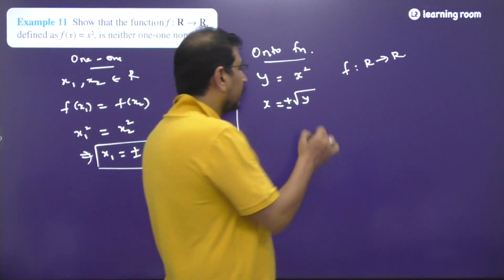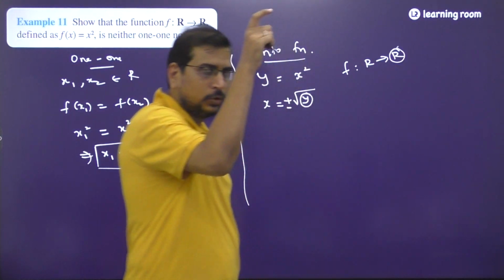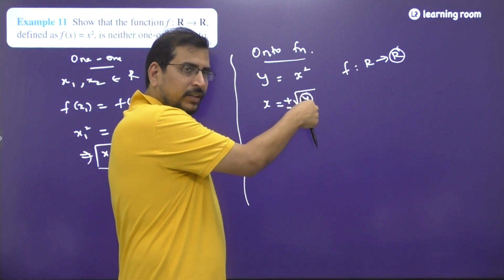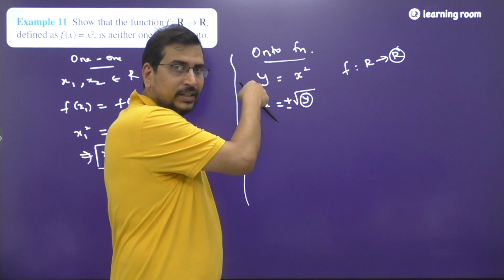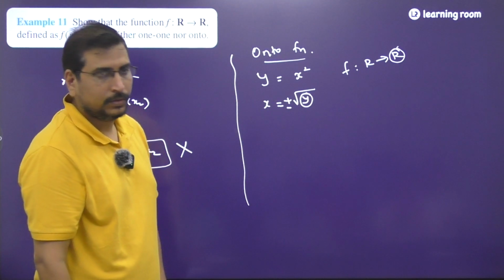Yes. So y has this, right? In the codomain set, you have negative real numbers also. When you substitute a negative real number, you will not get a real number, you will get an imaginary number. Right?